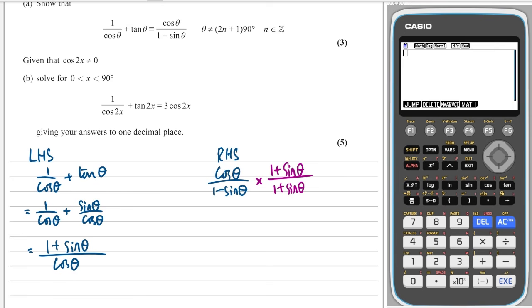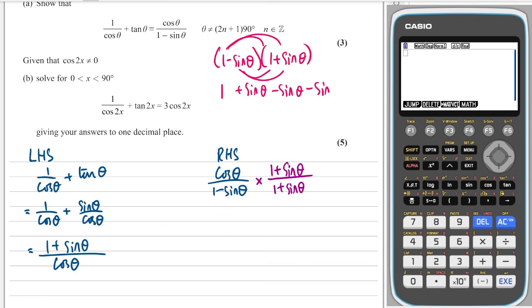Now the reason why I'm doing that, and it's just experience, is that 1 minus sine theta multiplied by 1 plus sine theta is actually extremely handy, because when we multiply out this bracket here, we get 1, we get plus sine theta, we get minus sine theta, and we get minus sine squared theta, which simplifies down to 1 minus sine squared theta.